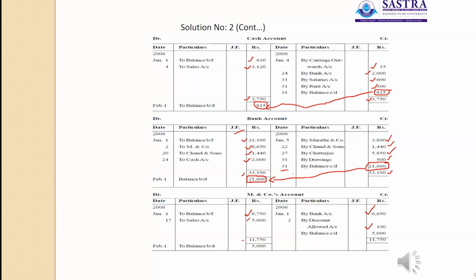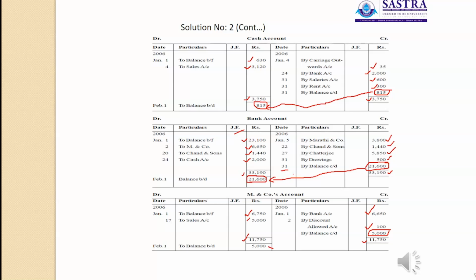Then again credit sales 5,000. So the total amount is 11,750. The difference between these two is 5,000. So 5,000 is the credit sales.